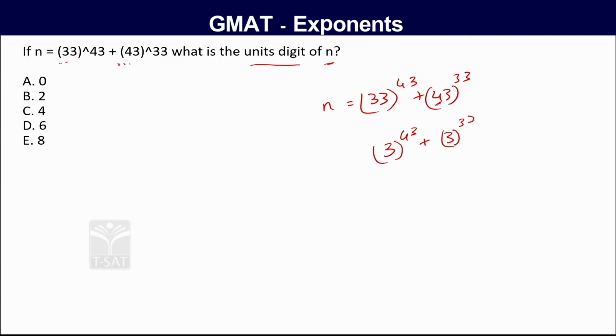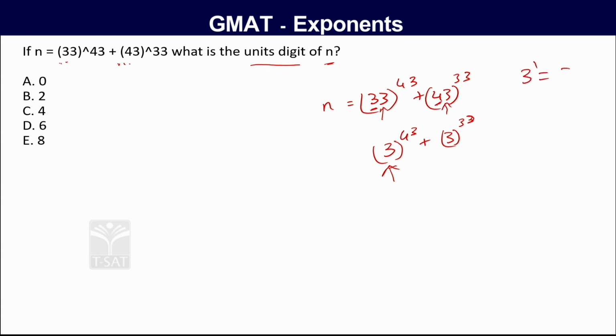We can forget whatever comes before our units digit, and just focus on the unit digit. The unit digit here is 3. So I wrote here 3 to the power of 43 and 3 to the power of 33.